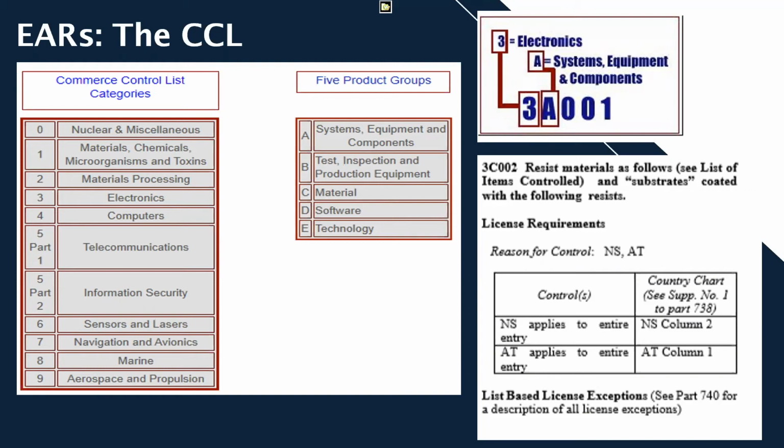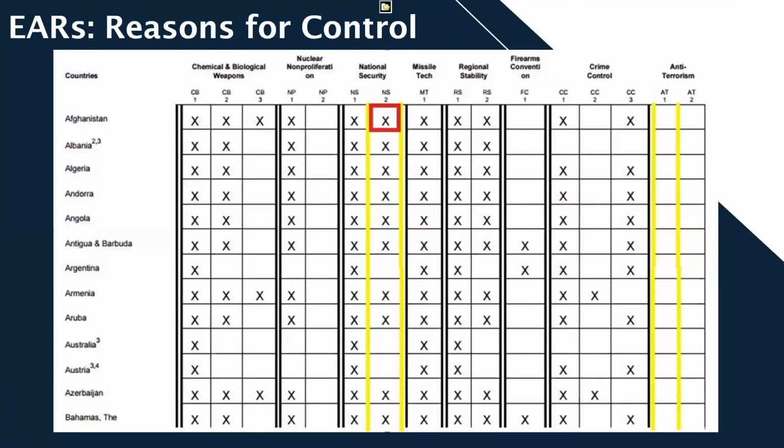So you've narrowed it down to this classification, and you're going to look at the reasons for control. In this example, it says NS and AT, and I'm temporarily going to go to the next slide. And so you're going to want to know, let's say you want to export this particular item to Australia.